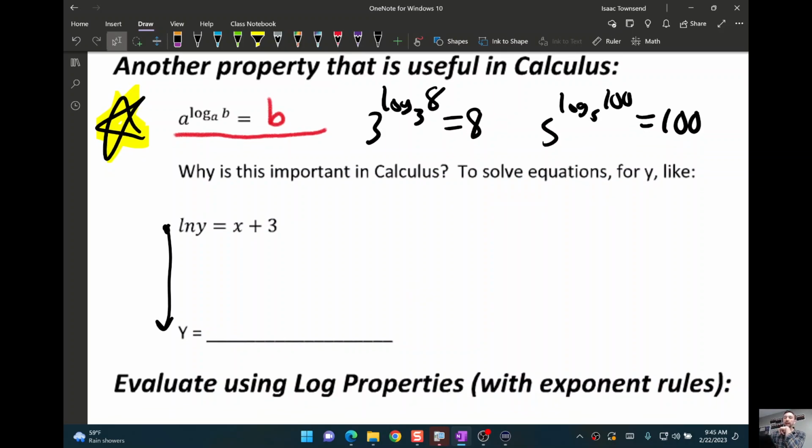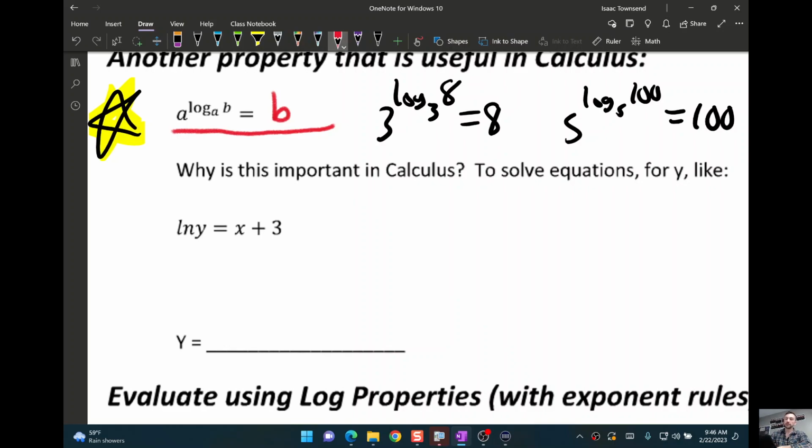So they're having to take something like the natural log of y equals this, and they needed to solve it for y. Well, first off, you can't just divide both sides by natural log, because this is not natural log times y, it's natural log of y. So we have this really fancy algebra trick that's called exponentiating, where we make the left side of the equation the exponent on e, and we make the right side of the equation the exponent on e.